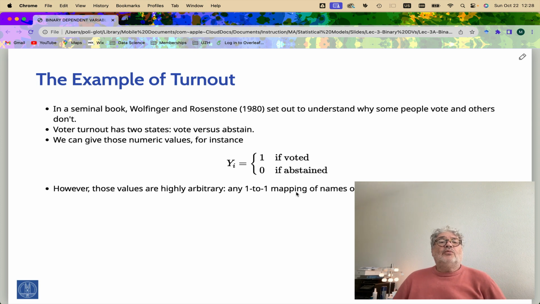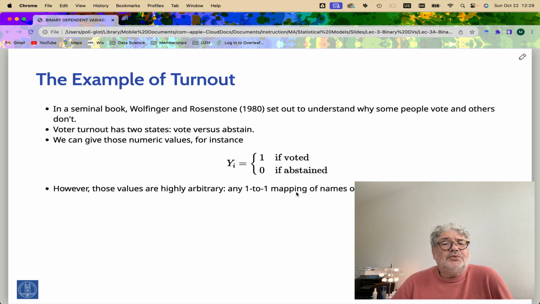So Wolfinger and Rosenstone in a seminal book actually tried to model why some people vote and other people abstain. And so we have here an outcome variable that has just two states, vote or abstain.